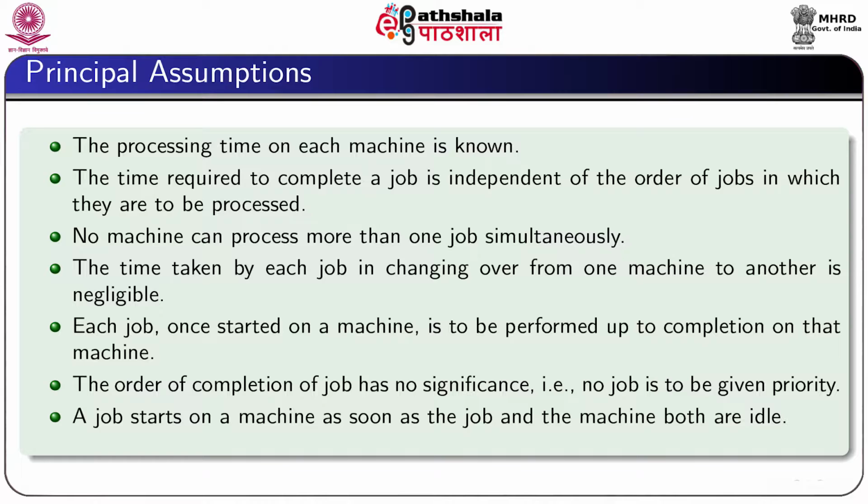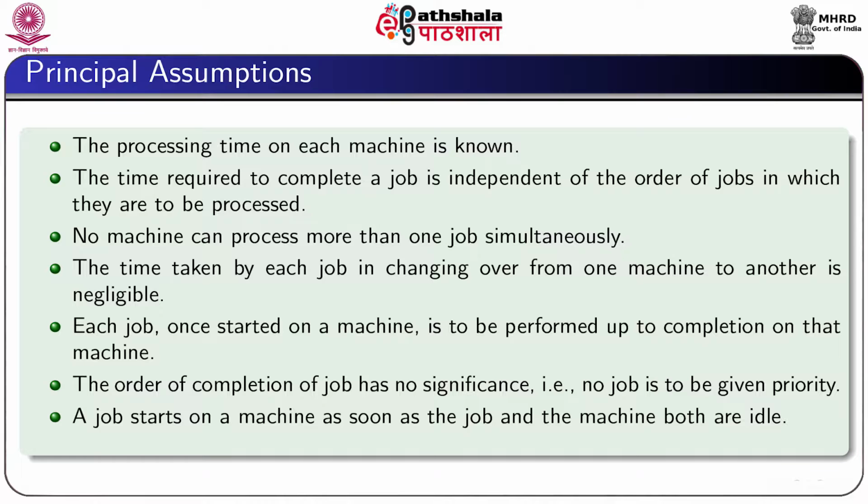We also assume that the time taken by each job in changing over from one machine to another is negligible, and each job once started on a machine is to be performed up to completion on that machine.